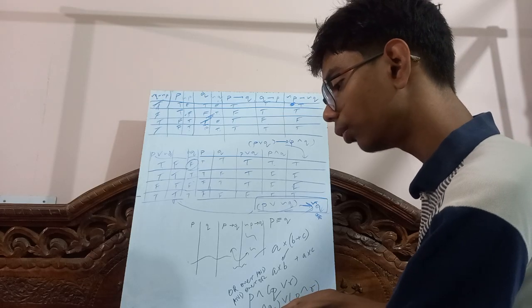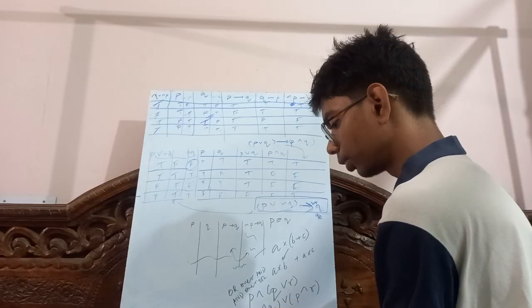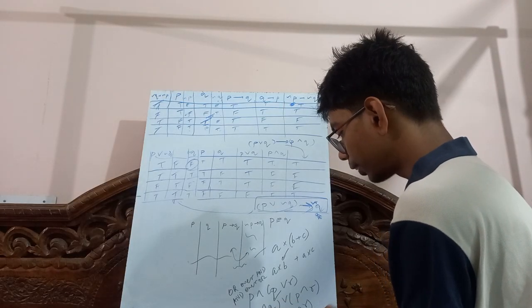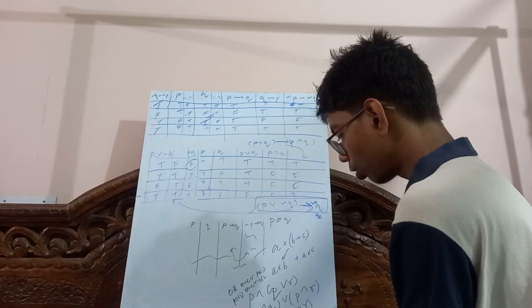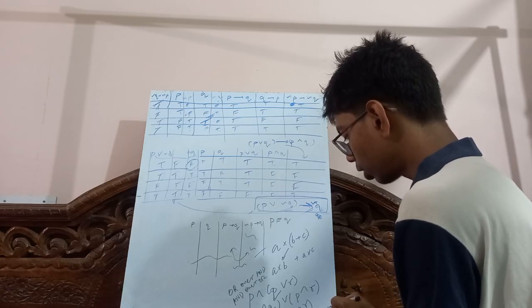So P and Q or P and R, right? Similarly, P or Q and R can be written as P or Q and P or R, right?